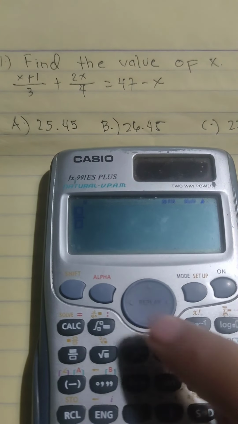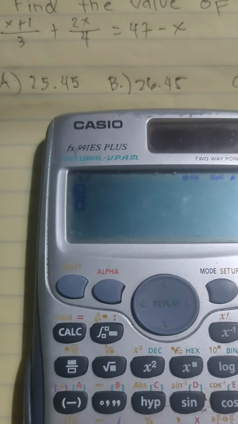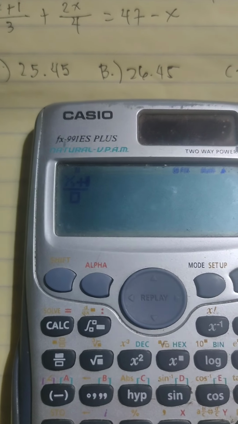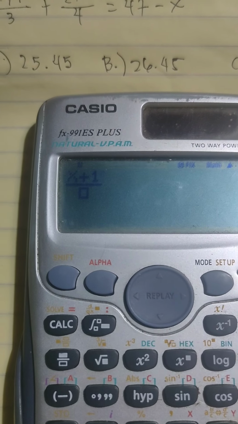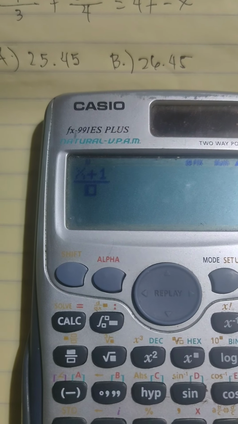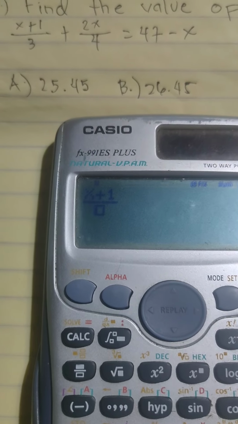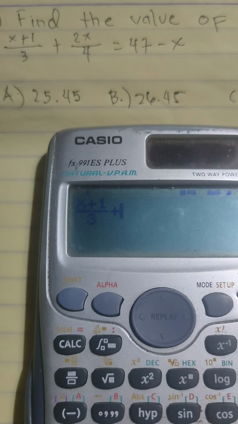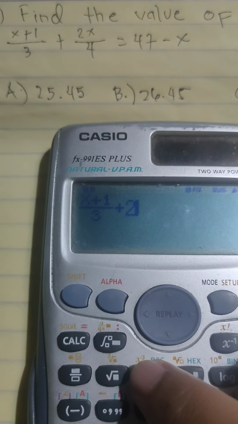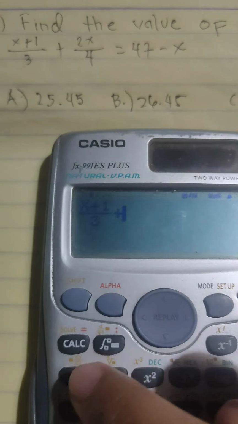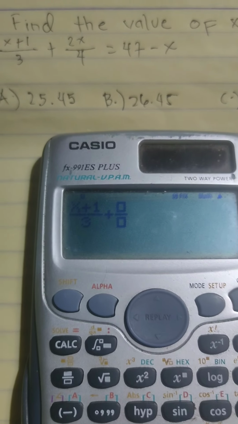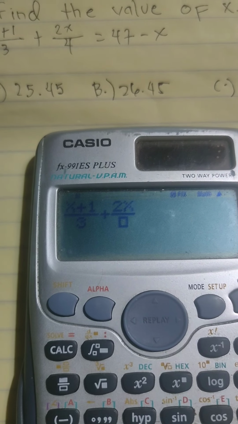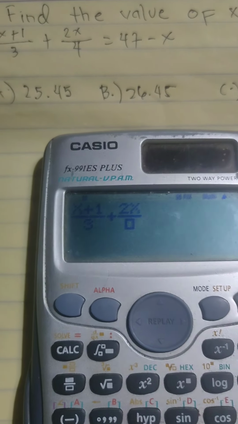So, alpha x plus 1 all over 3, plus 2 alpha x, then all over 4.